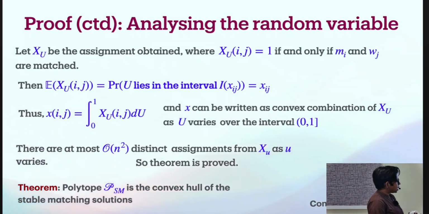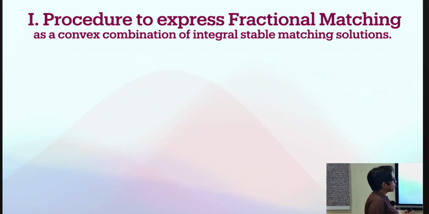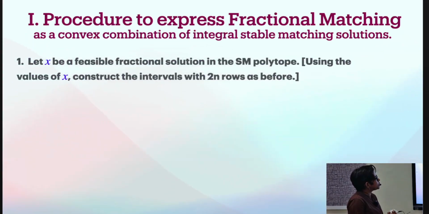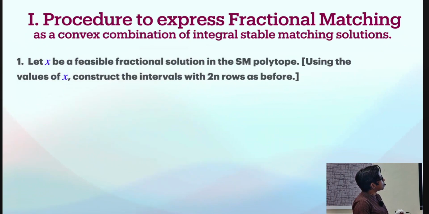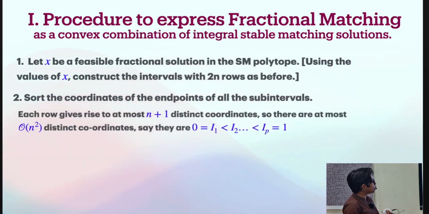solutions. So, the first consequence of this is that now, okay, so this was the thing that we wanted to do, right? Explicitly speaking, how would we do this? So this is basically a recipe. Now, let X be a feasible fractional solution in the SM polytope. We do it as we did it in this theorem. Now, you basically sort the coordinates of the endpoints in increasing order, okay, and you arrange them.